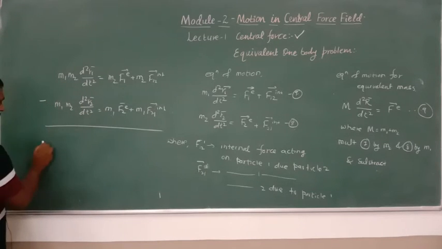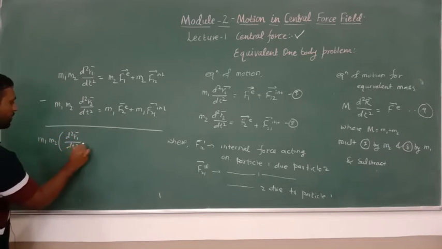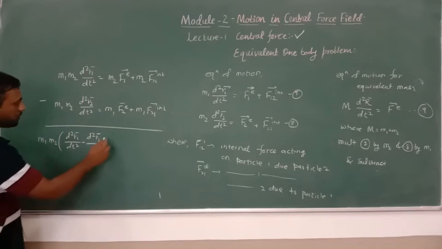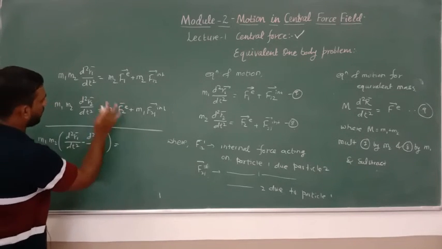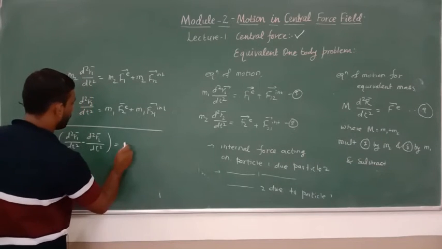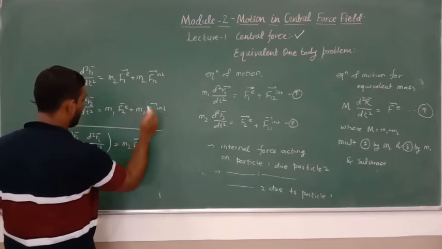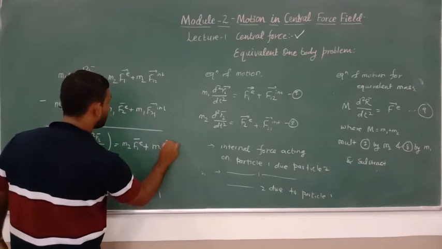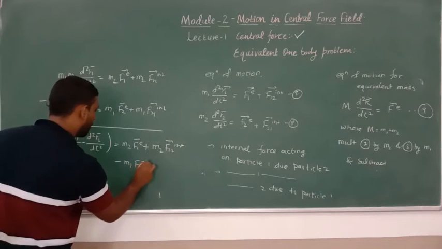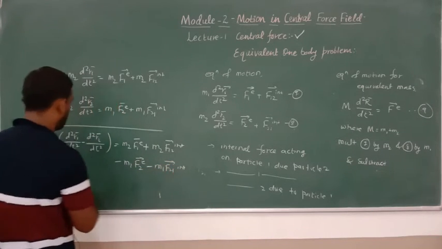m1 and m2 are both common, so m1 m2 times d2 r1 bar by dt square minus d2 r2 bar by dt square is equal to, since there is no common term to cancel out, we directly write m2 f1 external plus m2 f12 internal minus m1 f2 external minus m1 f21 internal. Okay, so this is all.